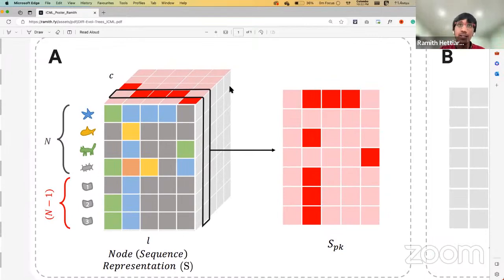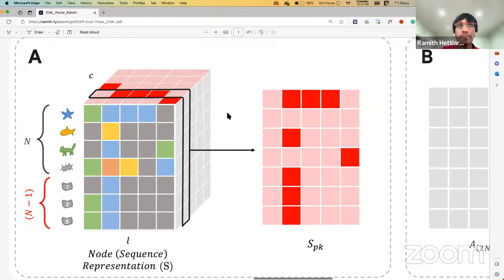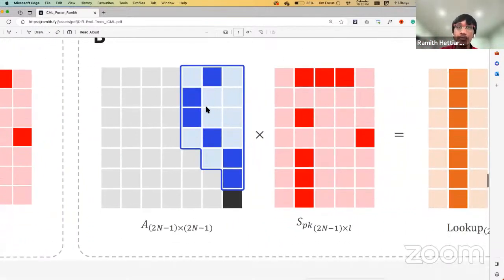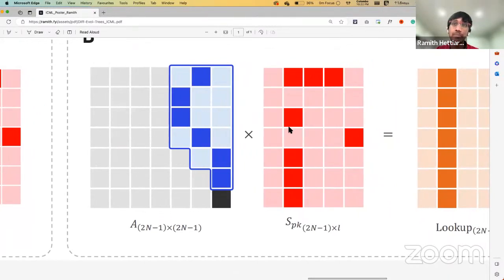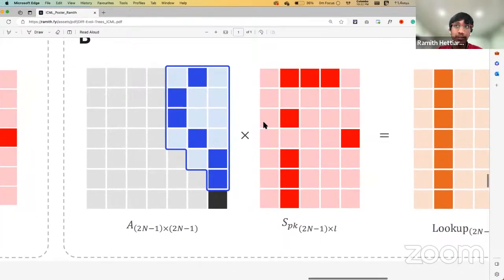So in essence, the cost function is we slice each character dimension, and then we look up from the adjacency matrix. This is the soft adjacency matrix. We can look up the parent sequences.